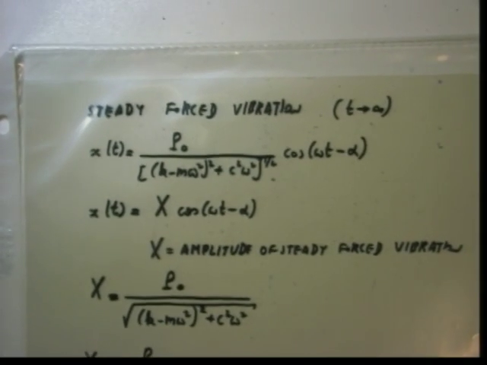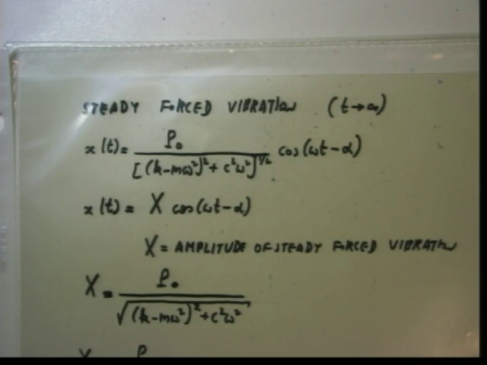So therefore, it makes sense to concentrate on this. Let us concentrate on steady state vibration. Steady state vibration is something we get when time goes on. So, x of t equals P0 over the square root of (k minus m omega squared) squared plus c squared omega squared, times cosine omega t minus alpha.